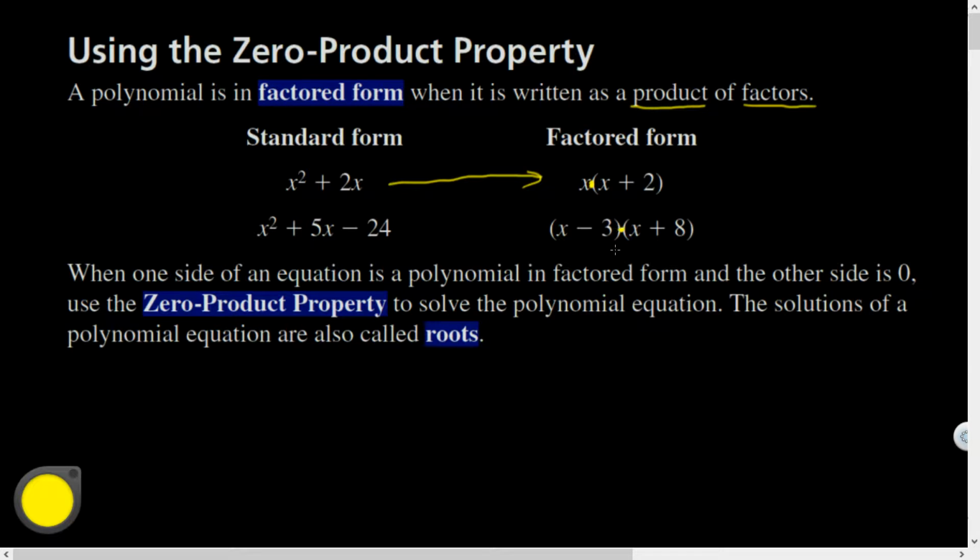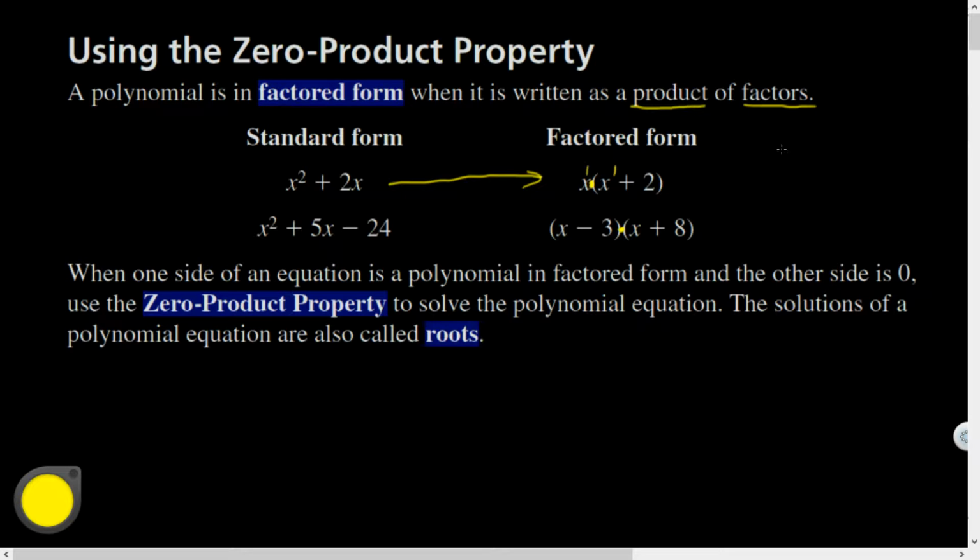Usually those things will be linear or first-degree polynomials. They could be binomials like here. It could be a monomial times a binomial, things like that. But these are called factored when it's written as a product.